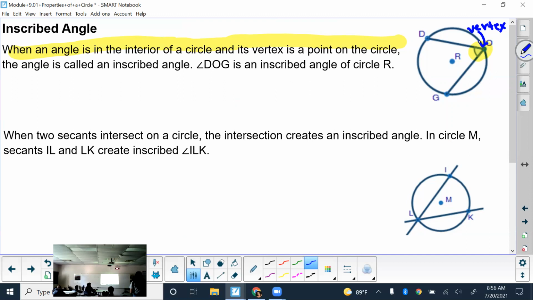So its vertex is a point on the circle. So that's an inscribed angle. When two secants intersect on a circle, the intersection creates an inscribed angle. So in this example, well, that's another inscribed angle because the vertex is on a point that's on the circle. So that's my inscribed angle.